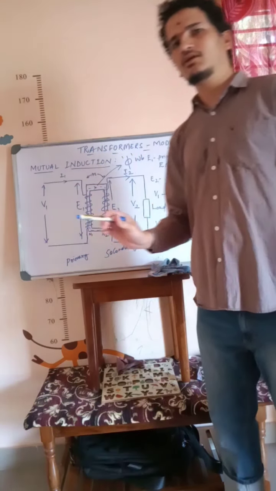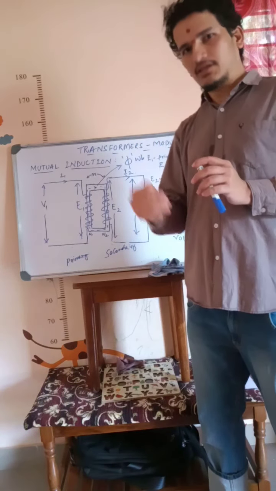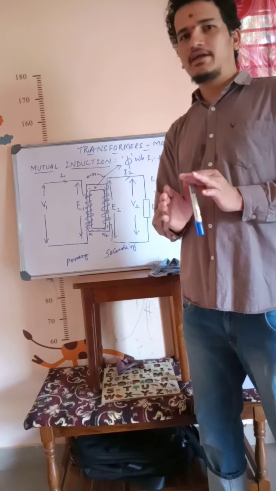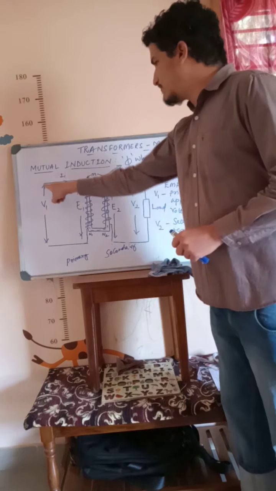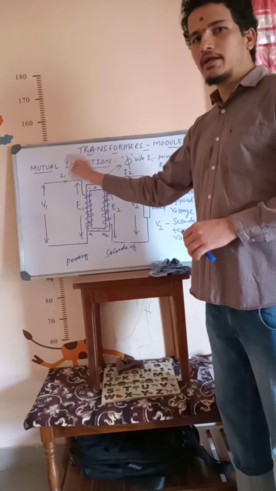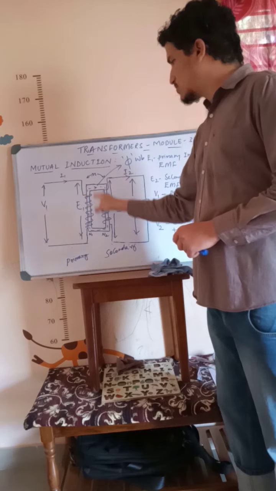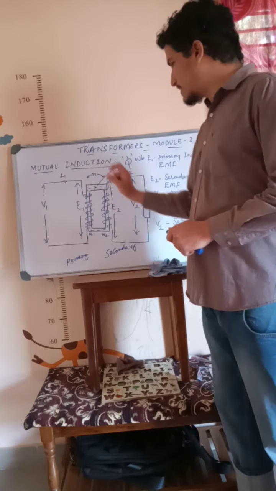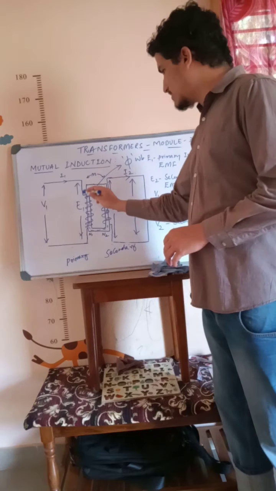What is this mutual induction? You have already learnt in this video about self-induction. So now what is mutual induction? If an alternating current is passed through a primary coil, it sets up an alternating flux.